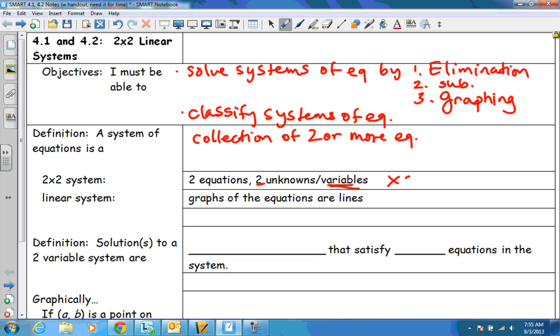So you have x and y, or you may have a and b, but you have two different variables for your two equations. And if we're doing linear systems, then we're going to have lines. So right now we're just dealing with lines, two unknowns, two equations. So today should not be too rough. We'll work our way up a little bit.